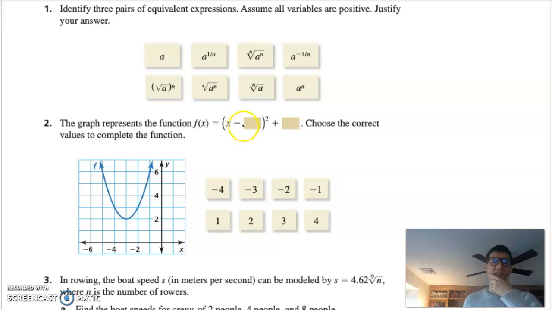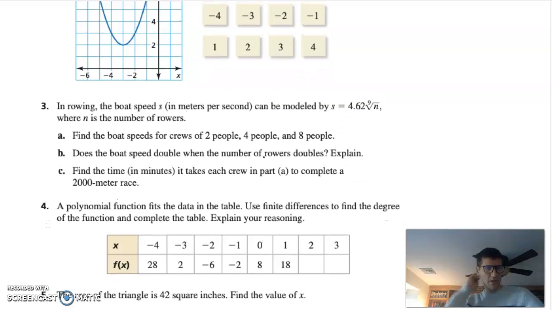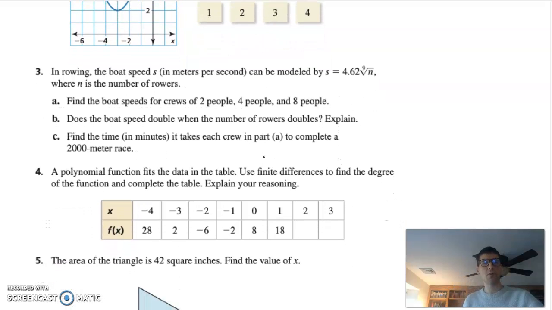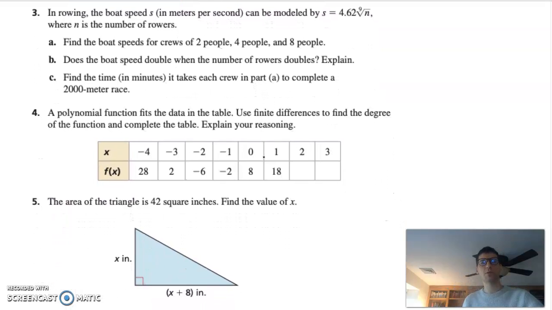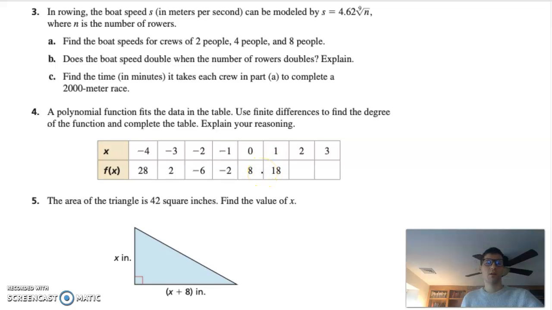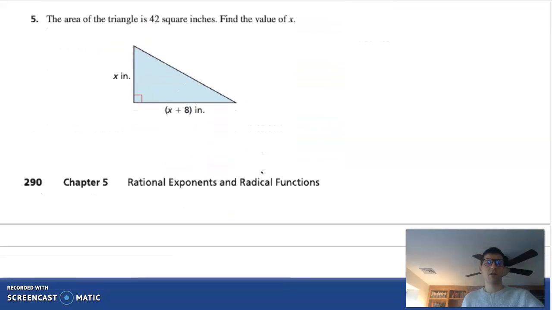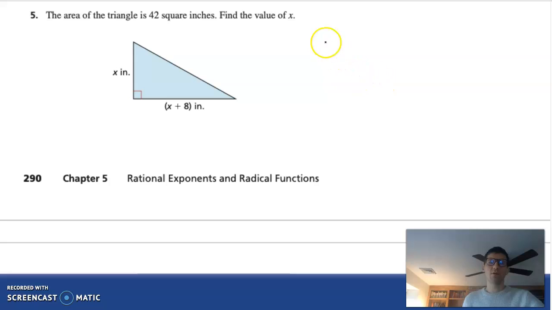So since the negative's built in there, -3, and it's been shifted up to +2. Oh, these are nice little reminders for us. In rowing, the boat speed in meters per second. Interesting. The area of a triangle, find the value of x, 1/2 base times height.